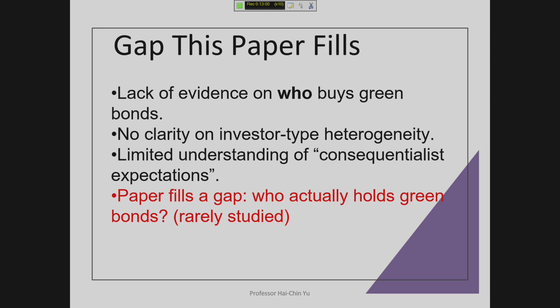Because we lack this information about the buyers of green bonds, and we also don't know the heterogeneity of investor types. So this is another learning from this paper. And also, we have very limited understanding of the consequentialist expectation. And this paper answers all of this.